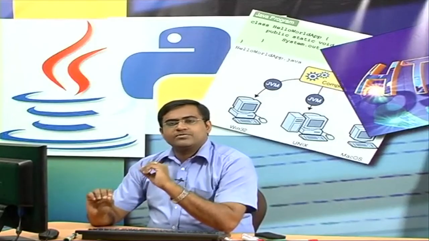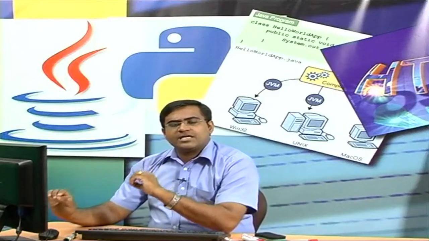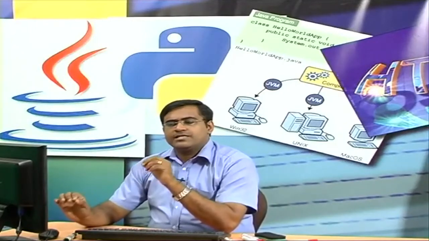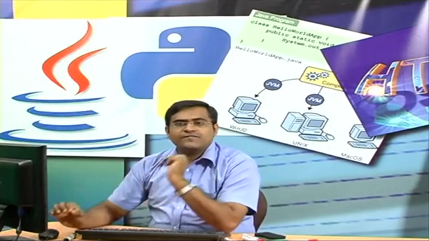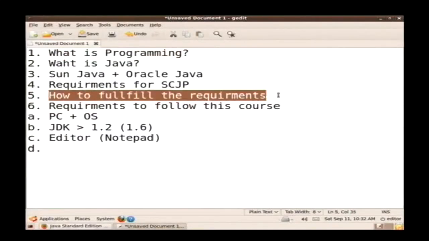Then we discussed the SCJP, or Oracle Certified Professional Java Programmer, the certification, how to fulfill it, what the exam is, and how much you have to score to pass it.